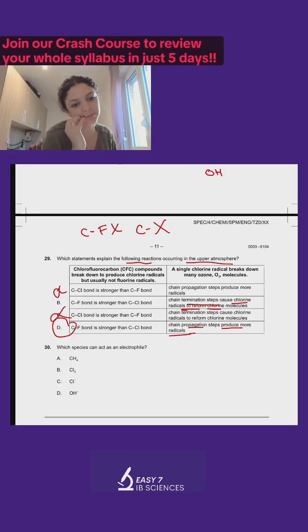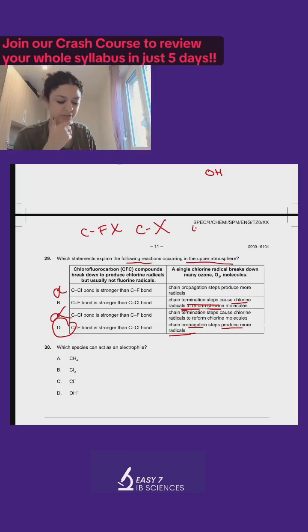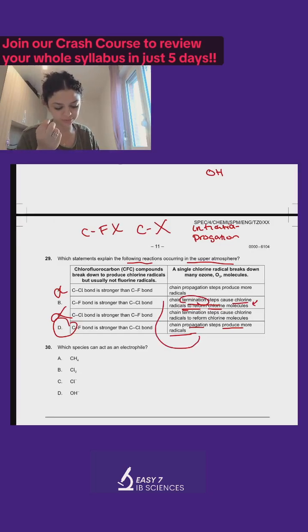How do you know it's the propagation step? Just because, you know, there's something called an initiation step. You just have to memorize them: initiation, propagation, and termination. Because it says the termination step is incorrect in this case. Actually, even without knowing the initiation and propagation steps, you know the thing that produces CFC is the propagation step.